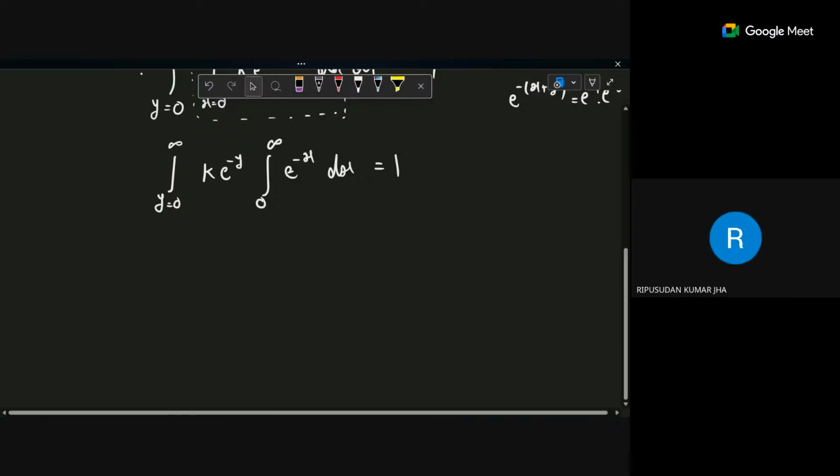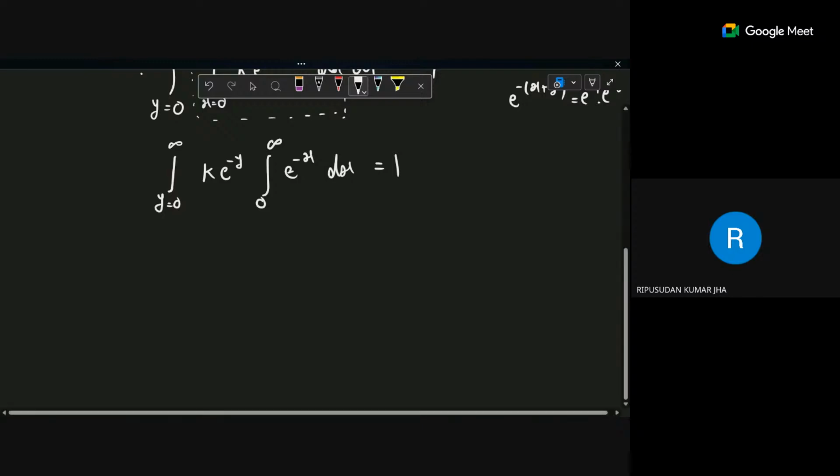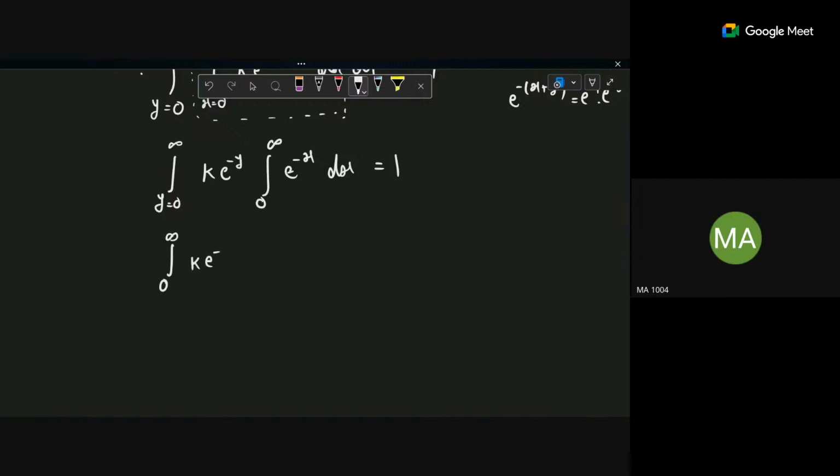First we integrate with the variable as x and constant as y. Then we integrate the whole thing with respect to dy. So k e to the power minus y, and this is nothing but e to the power minus x by minus 1, and the limit you will apply is 0 to infinity.